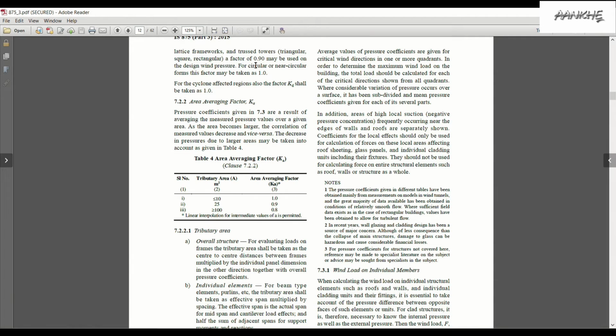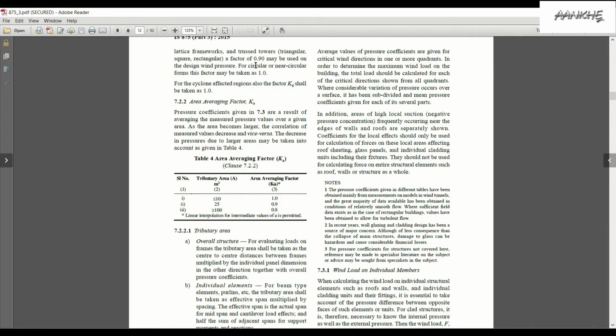So it says up to 25 it is 0.9, less than 10 it is 1. Since it is an industrial structure, a little bit higher factor of safety is manageable. So let us keep Ka as 1.0, assuming it is less than 10 square meter.